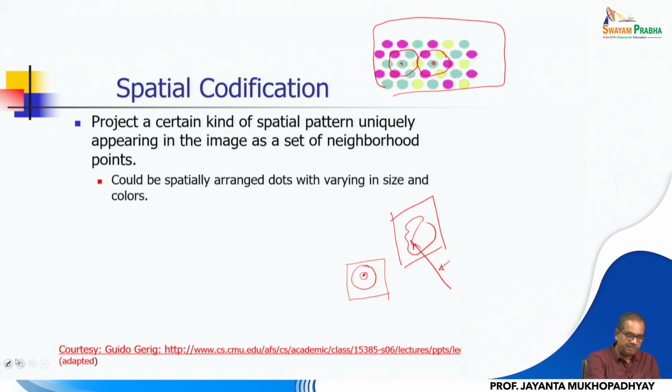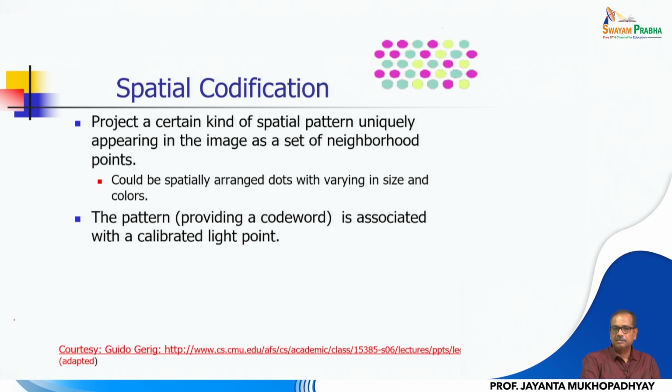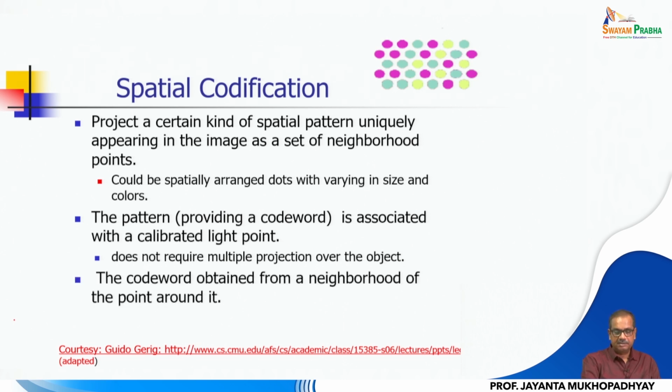This is a very innovative technique which is used in the device called Microsoft Kinect, and your imaging also becomes very fast. As you see, the pattern provides a code word associated with a calibrated light point. So it does not require multiple projections. With just a single projection you can get the range image, and it makes the system faster.